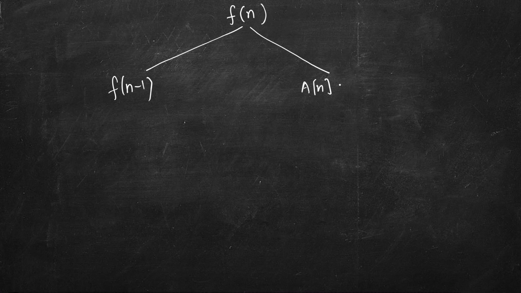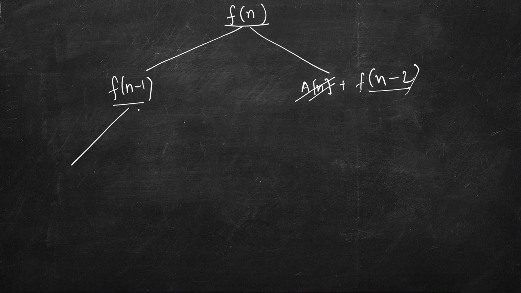So let's see what is the problem. We have fn. We are trying to solve it, and we are expanding it as fn minus 1 and an plus fn minus 2. So let's ignore these things for now. These are constants. So for solving fn, we need fn minus 2 and fn minus 1.